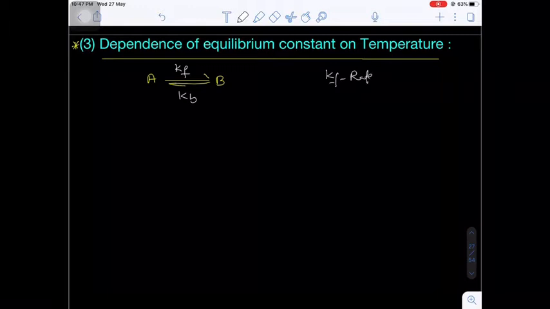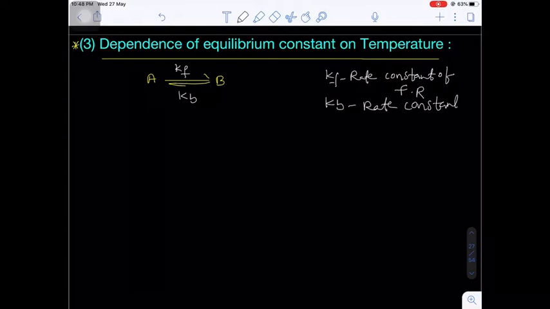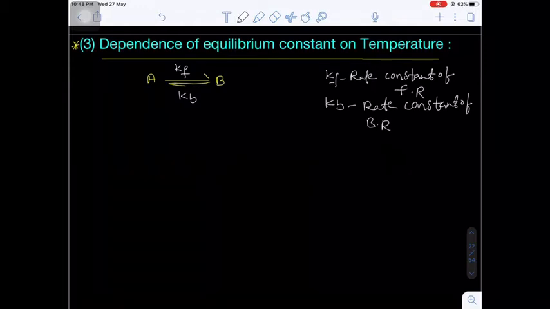What is Kf? The rate constant of the forward reaction. What is Kb? The rate constant of the backward reaction.